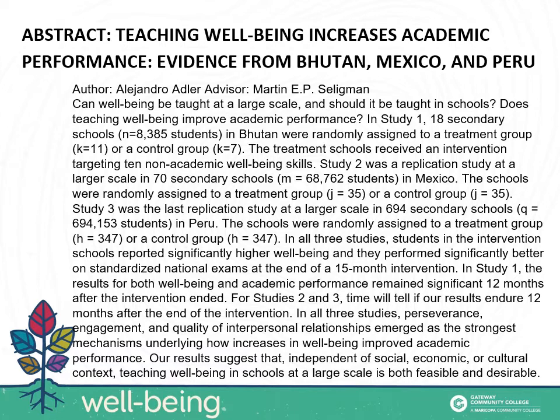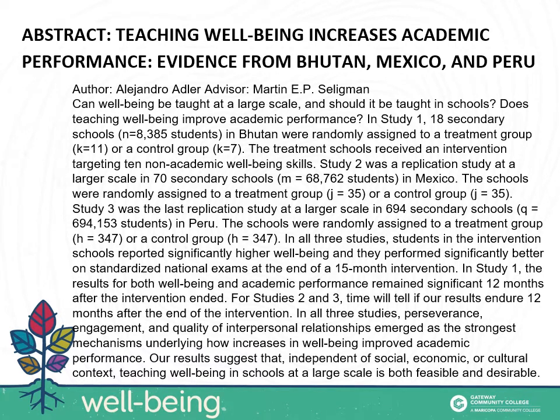So the abstract is a summary that's going to be right at the beginning of the paper. It's usually a paragraph or maybe 2 paragraphs. And you can see here that this is a long paragraph, just glancing at it, lots of numbers in it.